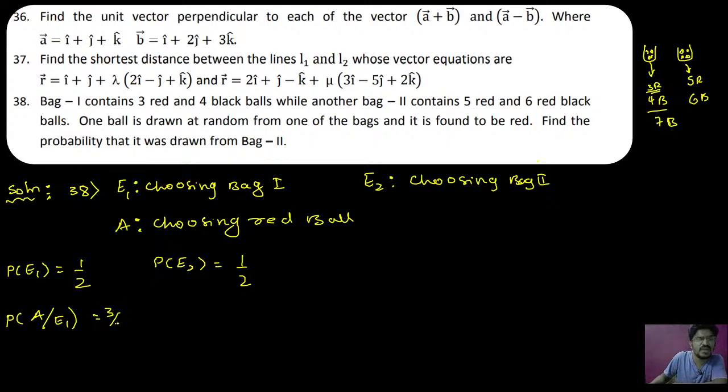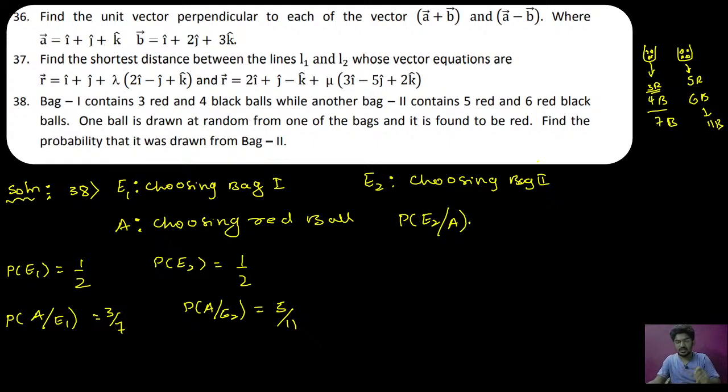So that will be 3 by 7. Probability of A given E2 means the probability of a red ball from bag 2. In bag 2 totally 11 balls, in that 5 red balls, so 5 by 11. Now we have to find the probability that it was drawn from bag 2, probability of E2 given A, because they have said that it was found red.